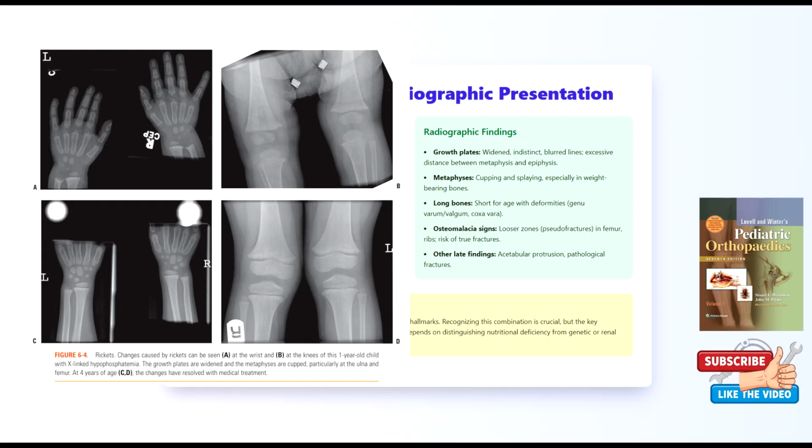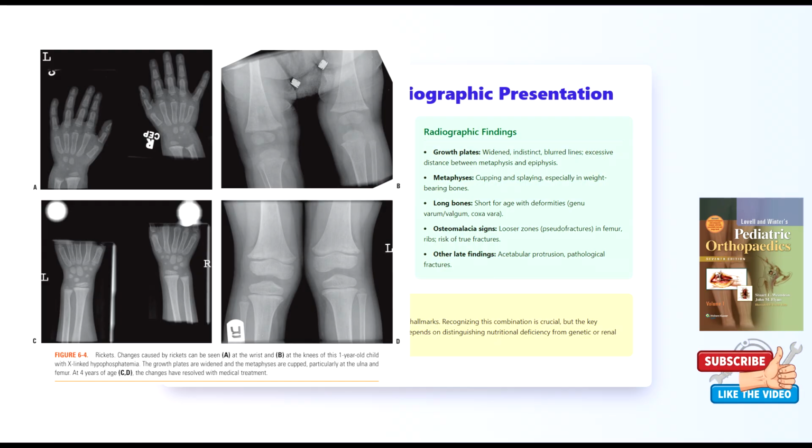Costochondral enlargement produces the so-called rachitic rosary, those bead-like prominences along the rib cage. Just beneath, the Harrison sulcus can appear, an indentation at the lower rib margin caused by diaphragmatic pull against softened bone. The spine is not spared, with kyphoscoliosis occasionally developing.